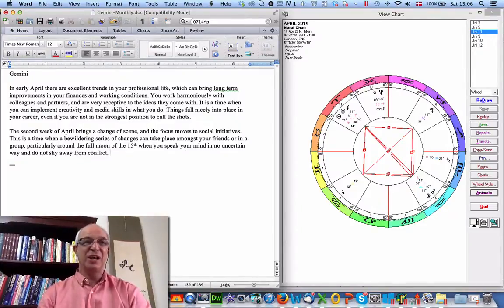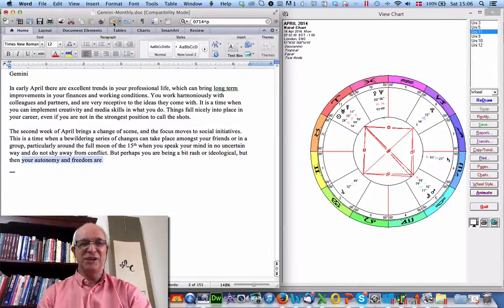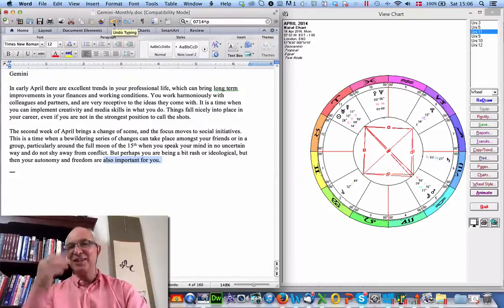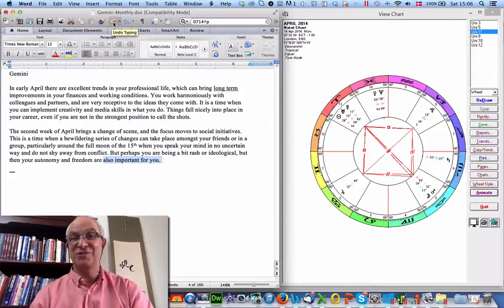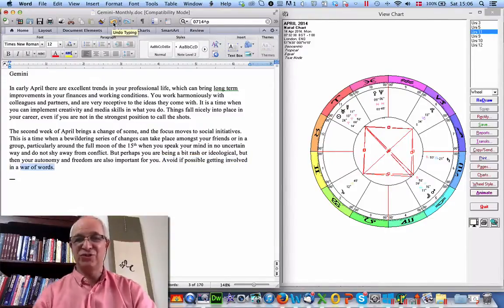So you could perhaps write something like, perhaps you're being a bit rash or ideological. Mercury, Pluto, very ideological. And you might write, but then your autonomy and freedom are so important to you. That's because Mercury conjoins Uranus. So avoid, if possible, getting involved in a war of words. That's the Mercury opposite Mars, the war of words. So that's what you might write for Gemini.